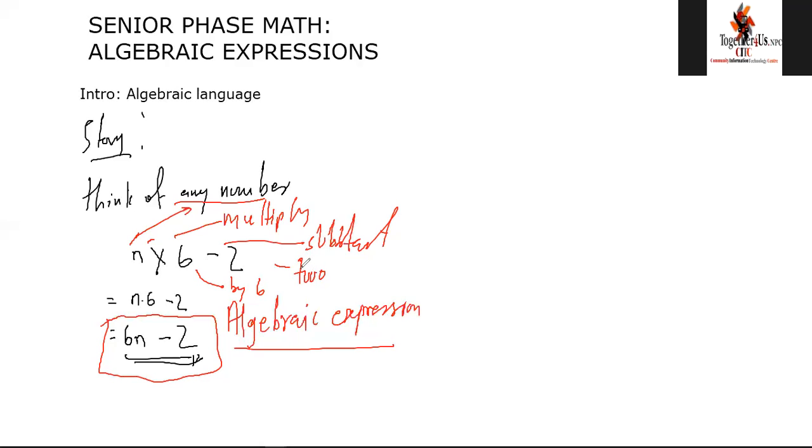What you are seeing is just words that have been put in a mathematical form. It's a story that you are describing in a mathematical form, using symbols, or you can say using a flow diagram, if you like.